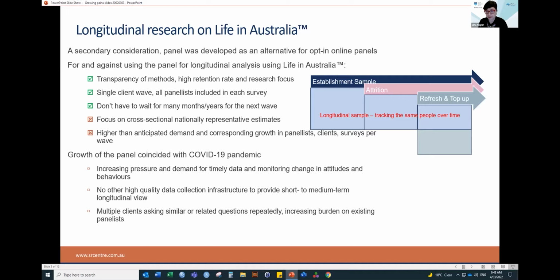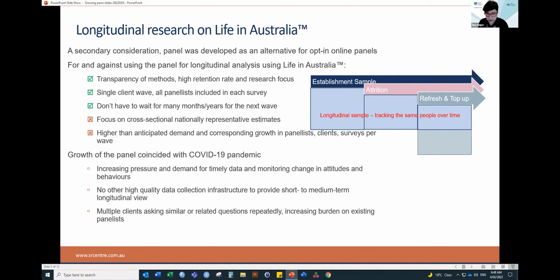So while we have a number of people who we can track over time, as the panel grows and changes, that group becomes smaller as a proportion of the panel. And also there's a conflict in terms of priorities for a particular wave, where we're really looking for accuracy of cross-sectional estimates rather than necessarily a longitudinal sample that doesn't change, that we're tracking from year to year.